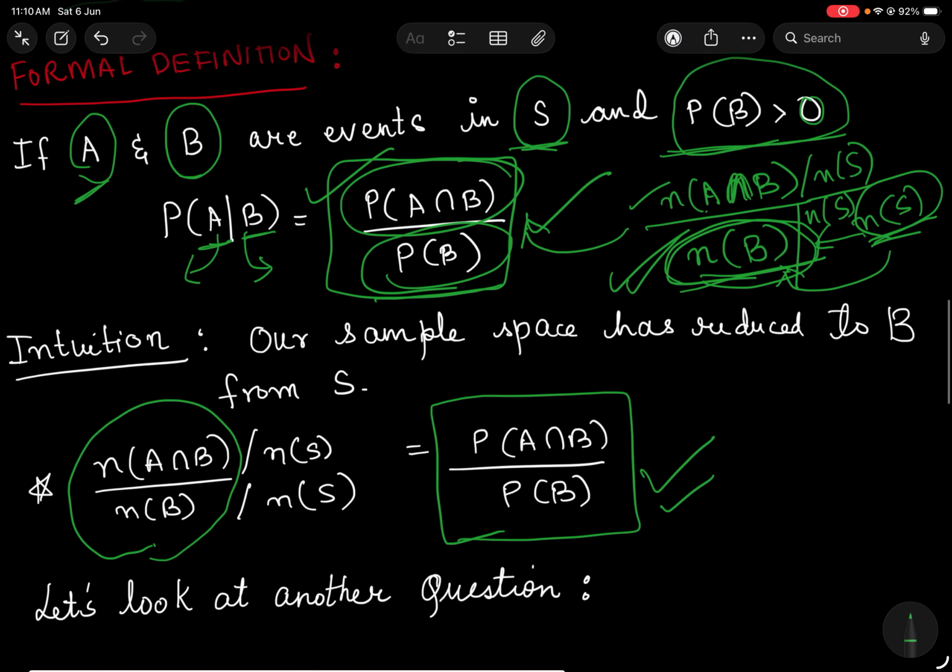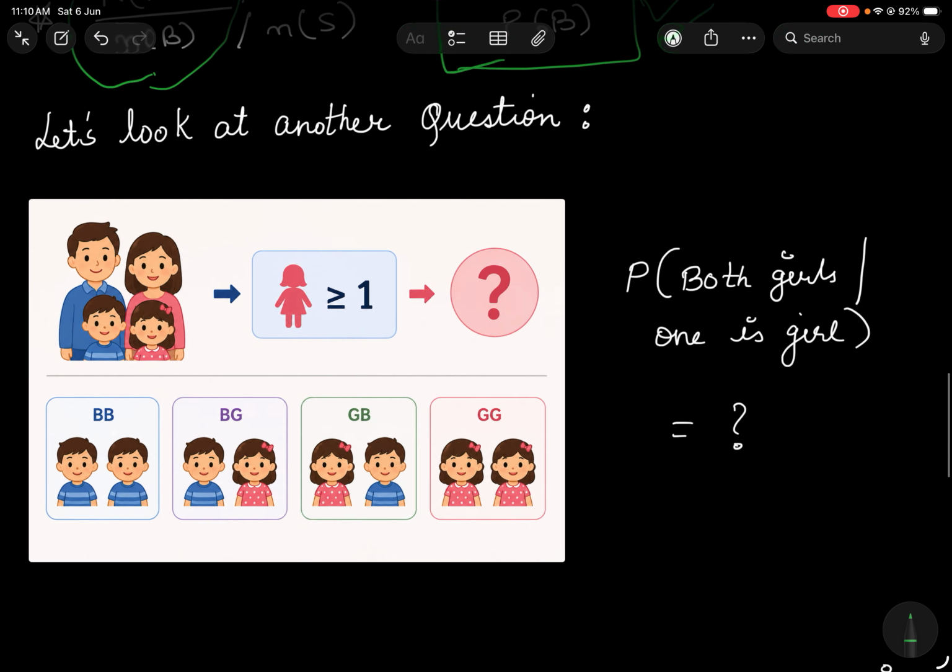Now let's look at another question. Suppose there is a family of four. There is a mom and a dad, and there are two children, one elder, one younger. First, let us consider what the different cases are. It can be that both are boys. The younger one is a boy and the elder one is a girl.